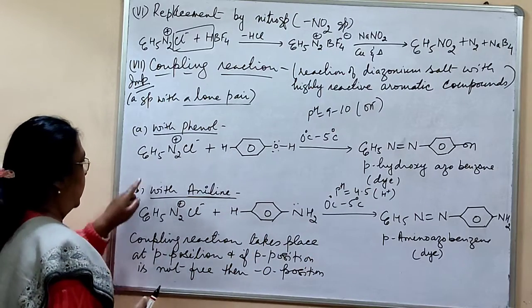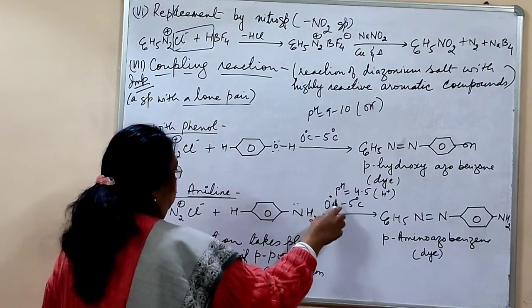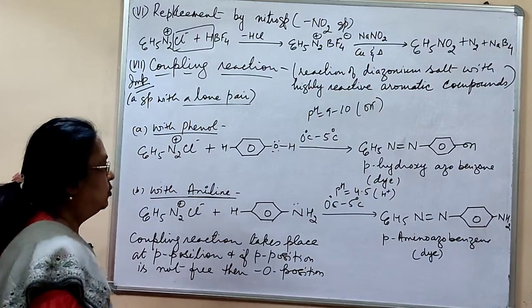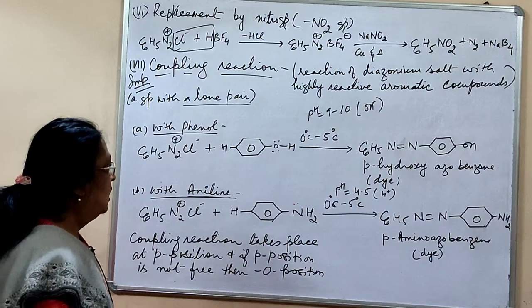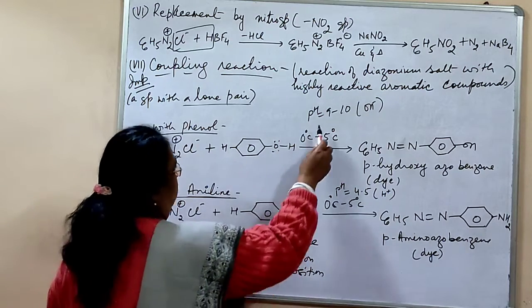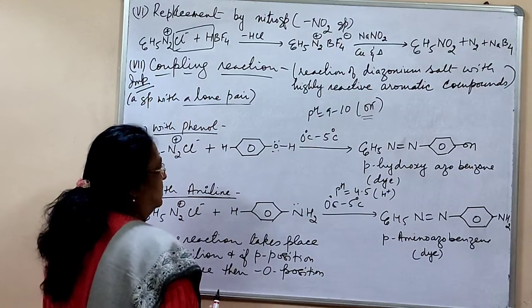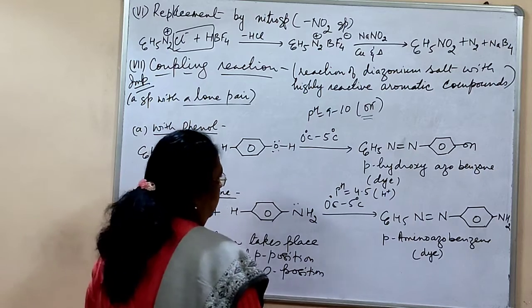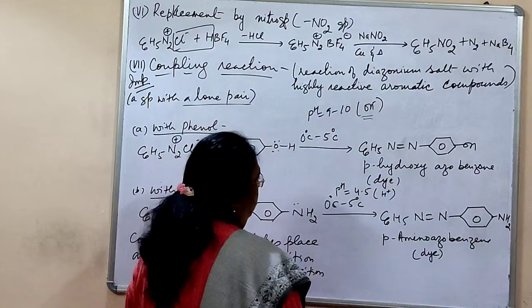So when this combines, temperature is same in both cases, 0 degree Celsius to 5 degree Celsius, or 273 Kelvin to 278 Kelvin. Here pH is maintained between 9 to 10 by adding some alkali. So medium is alkaline, and we obtain para-hydroxyazobenzene.